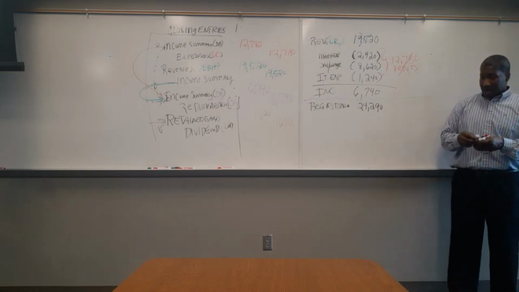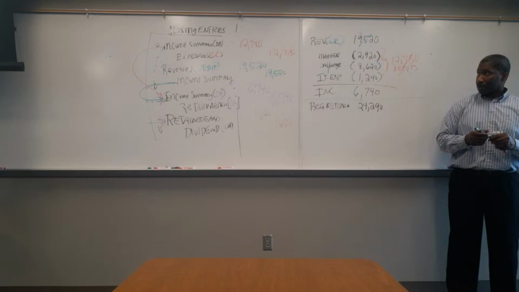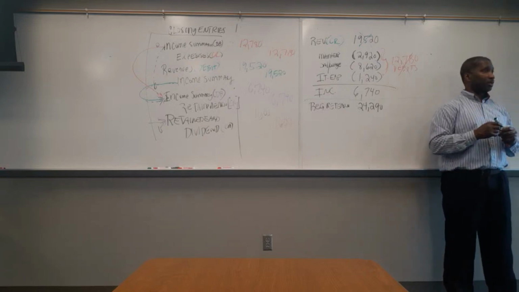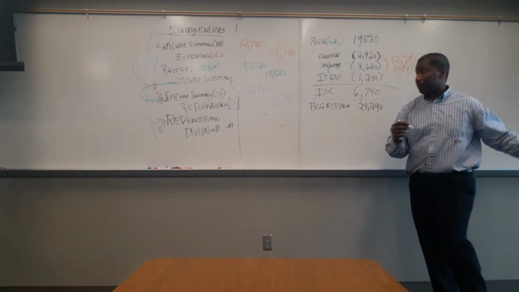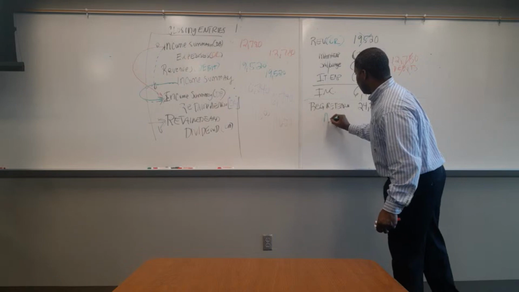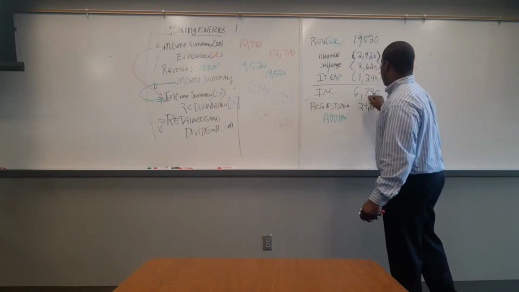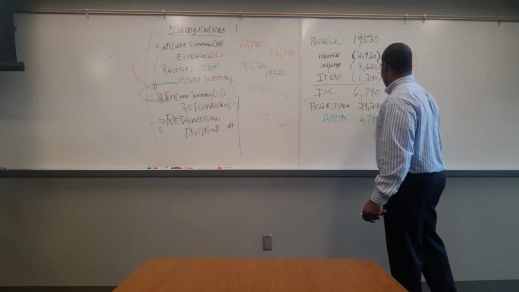Now, beginning retained earnings, we're going to do what? You're going to make two adjustments. What's the first adjustment? Add income. Add it because it increased it, right? Good deal. And the income was 6,740, right?